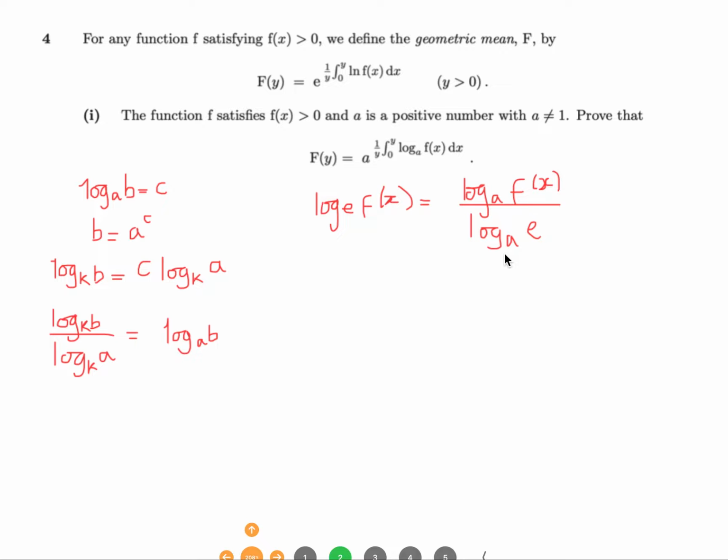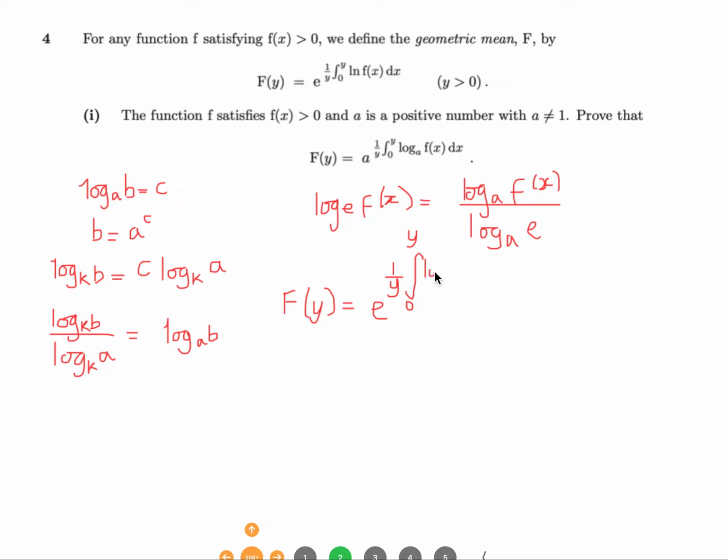Applying this, what we have at the moment is that this f of y, the geometric mean, is e to the power of 1 over y times the integral between 0 and y of what we've got here.